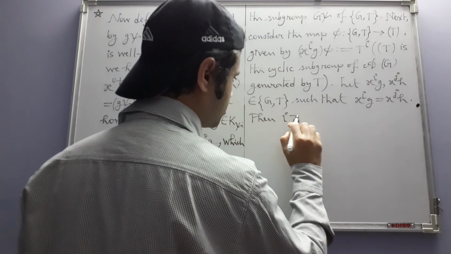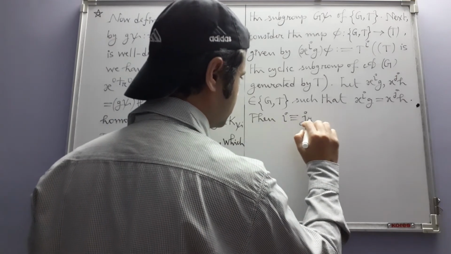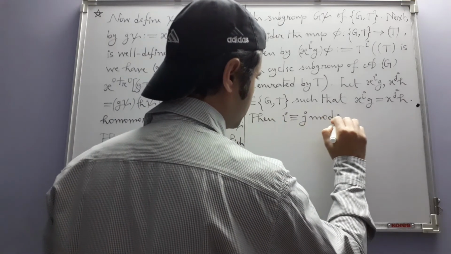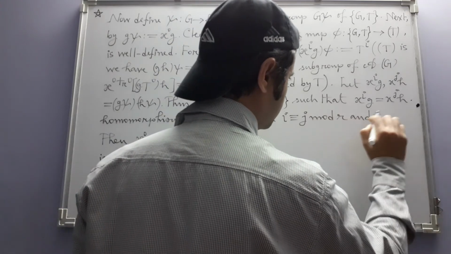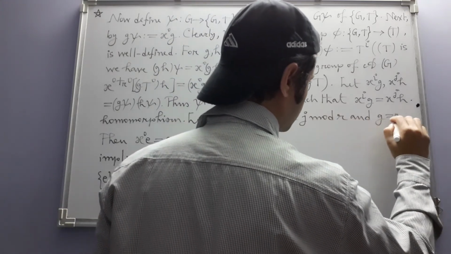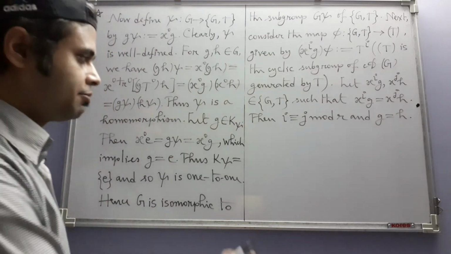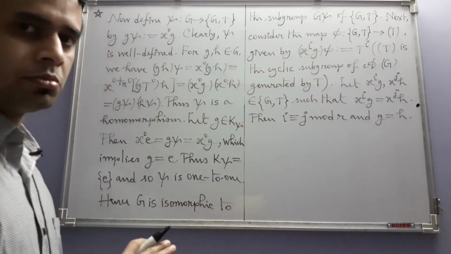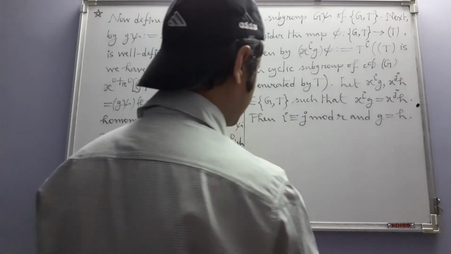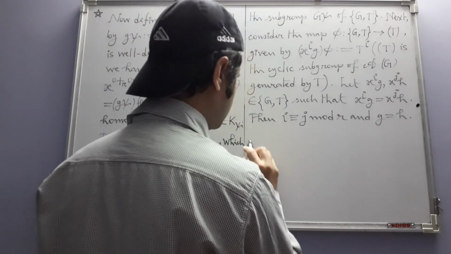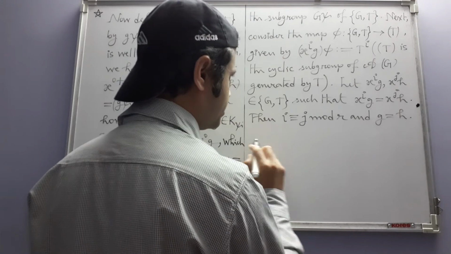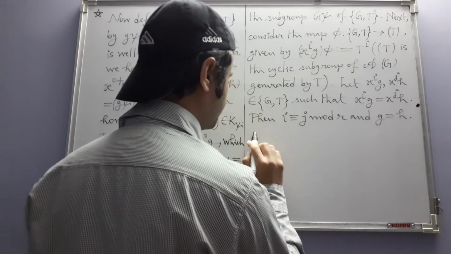Then I is congruent to J mod R and G is equal to H. Although we have seen this two more times, let's just go through the detail.